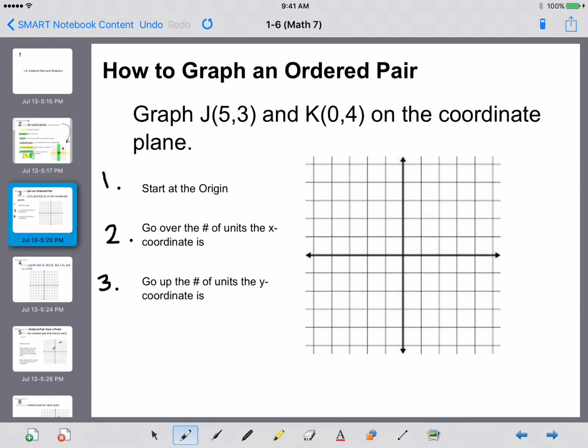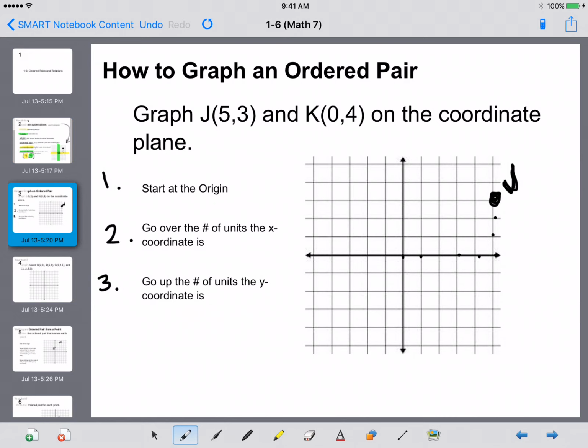So we're going to do J first here. It's at 5, 3. We start at our origin, right here in the center, and go over 5. 1, 2, 3, 4, 5. Then go up the number of units the y-coordinate is. So up 3. 1, 2, 3. So there's point J at 5, 3.